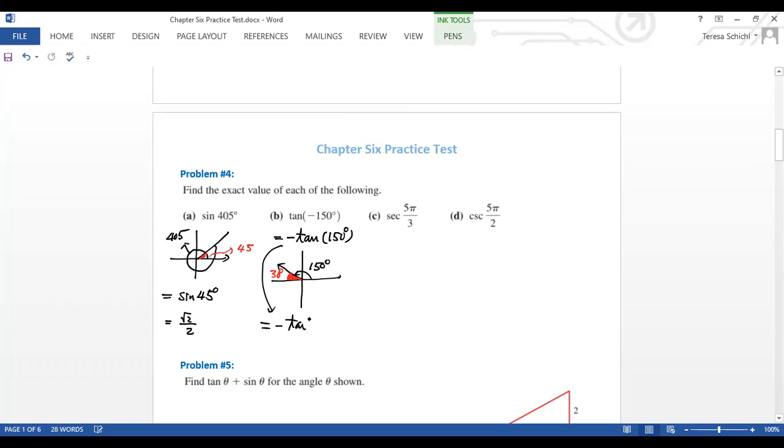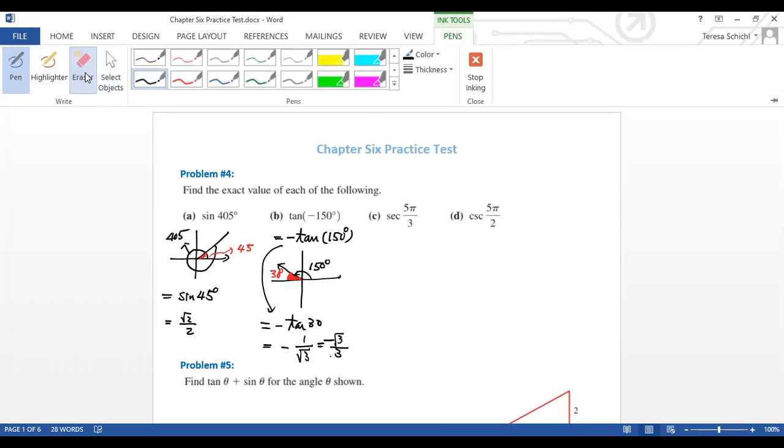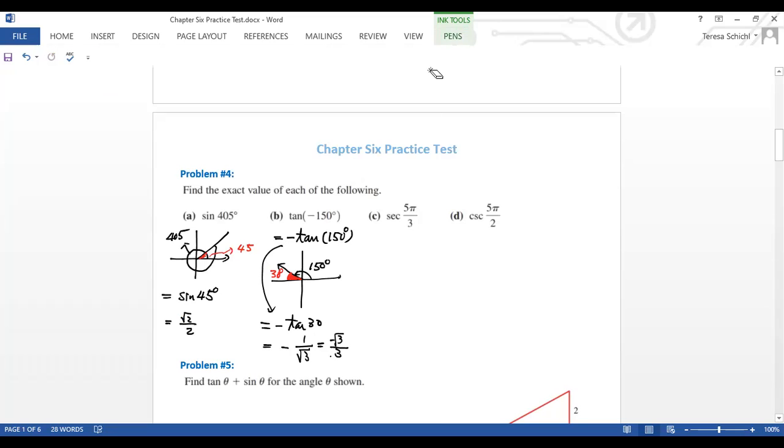The tangent of 30 is 1 over square root of 3, or you can say it's square root of 3 over 3 if you want to simplify and rationalize the denominator. So it's negative square root of 3 over 3.